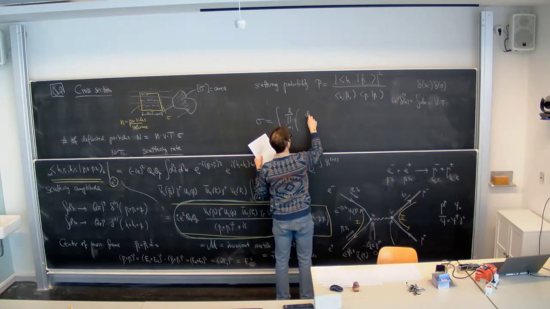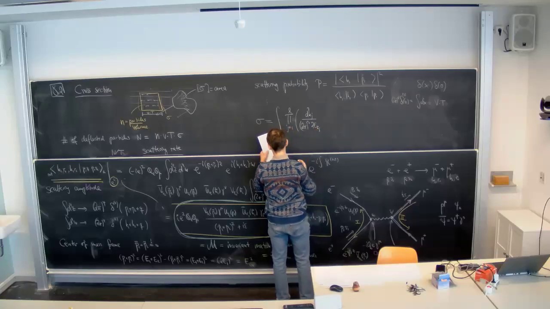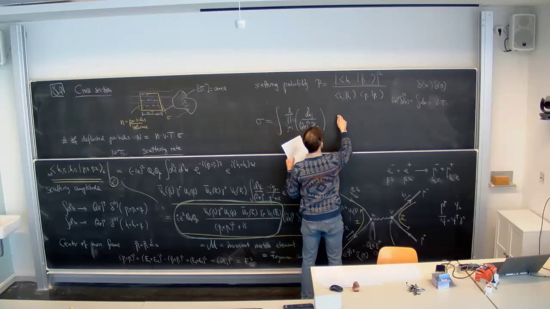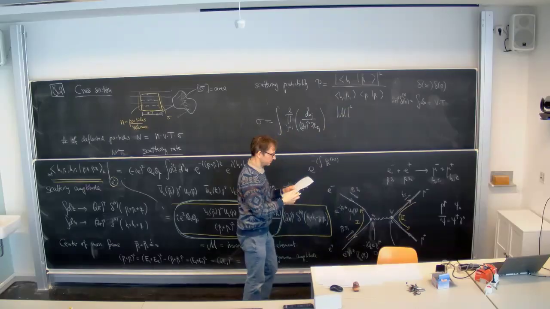Then you have d^3 k_j over 2 pi cubed, 2 E_kj, the energy of this particle. Now here comes the amplitude squared.